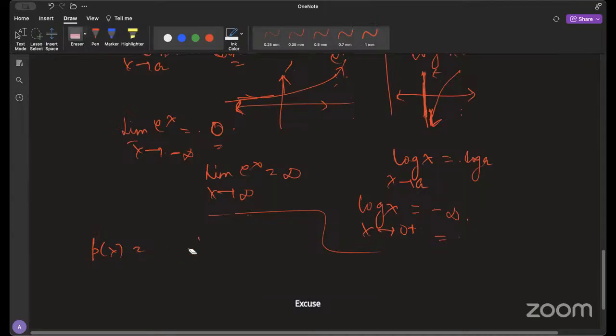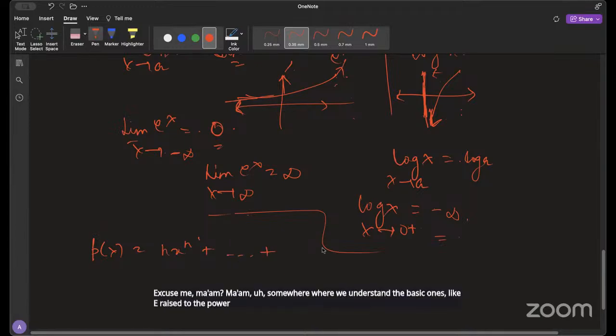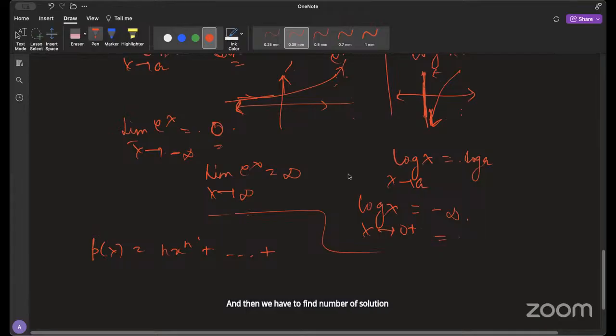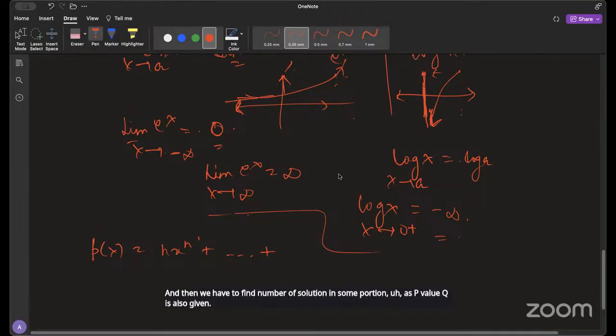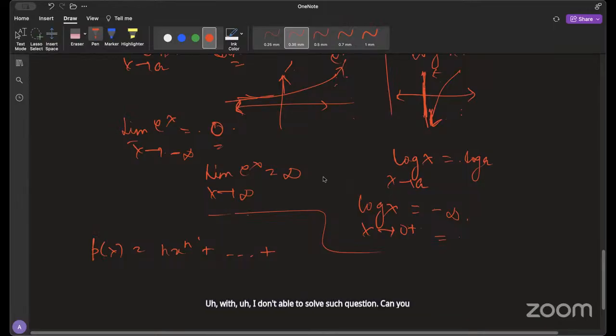Excuse me, ma'am. Yes. Ma'am, somewhere we understand the basic function like e raised to the power x log x, but when it comes together now, and then we have to find number of solution in some question as PYQ is also given. Uh, we I don't able to solve such question. Can you please help?